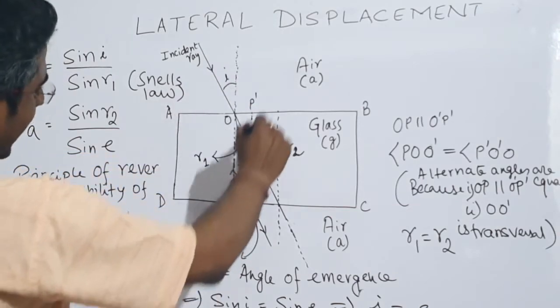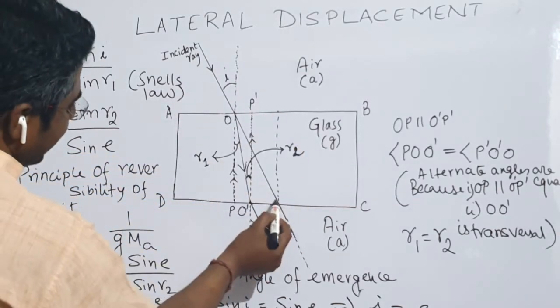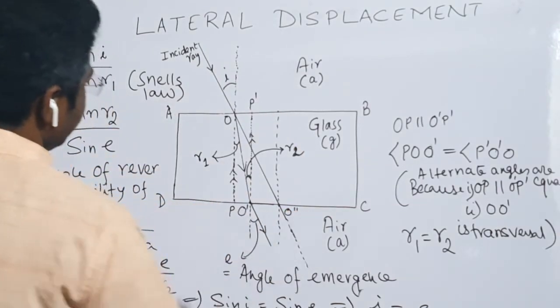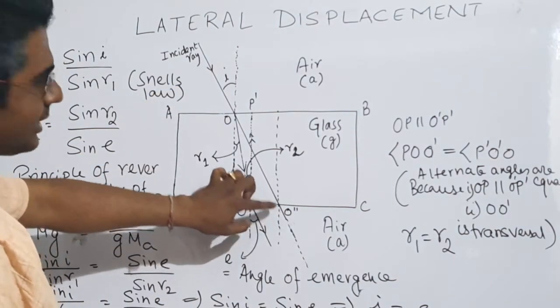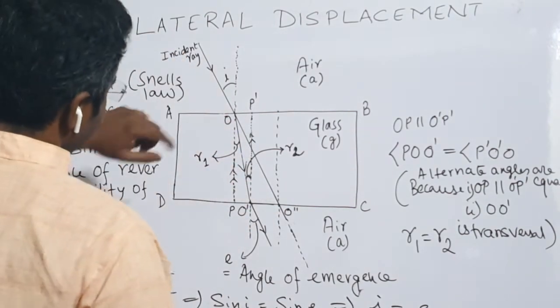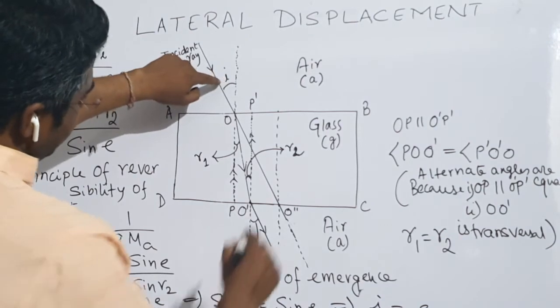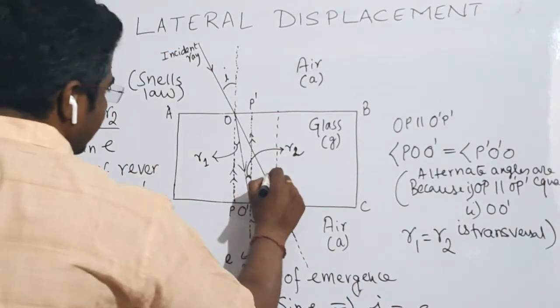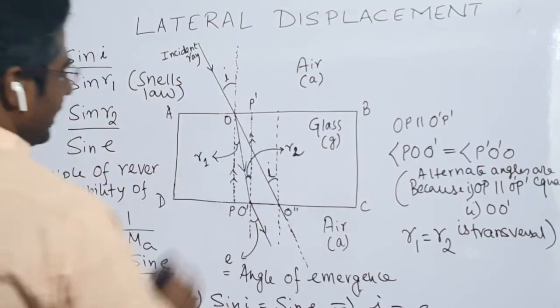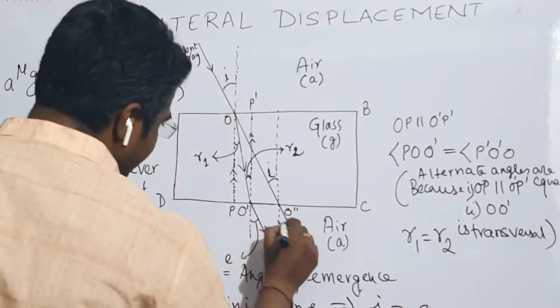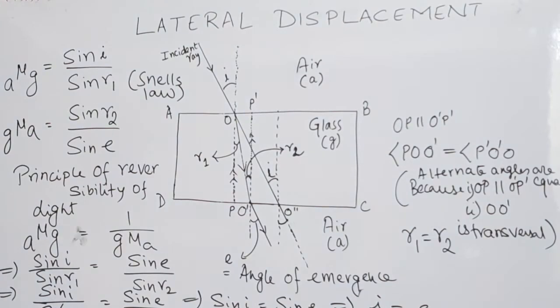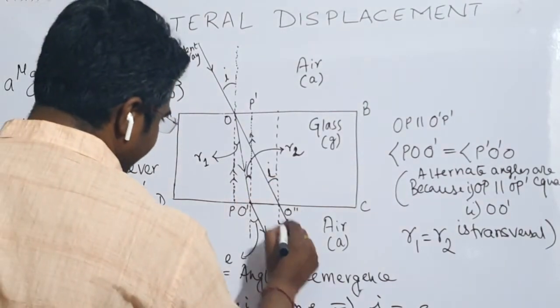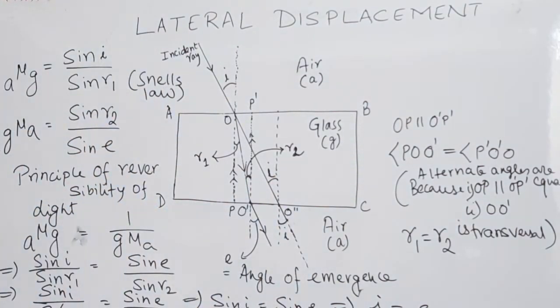And let's mark this as O double dash. So O double dash is a transversal. And if you see this one and this one, they shall be corresponding angles, and it should be I, correct? Now if you see this one, this should be again I, vertically opposite angle, correct?